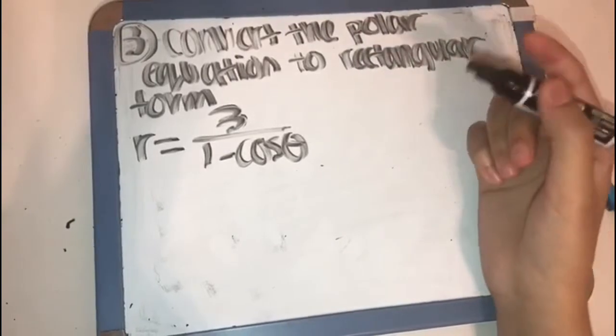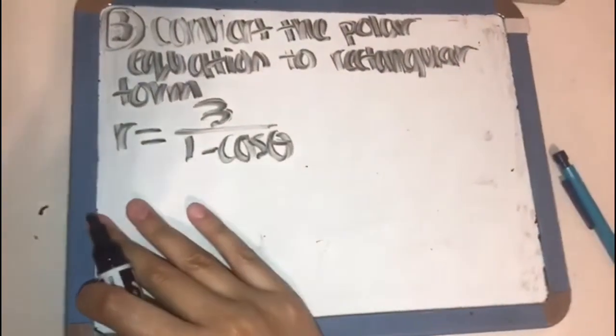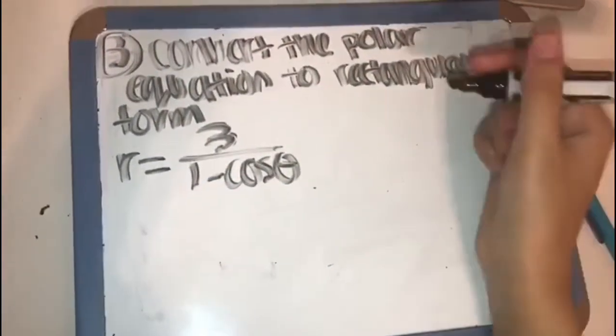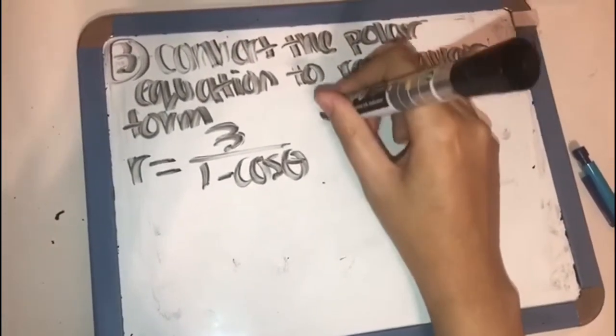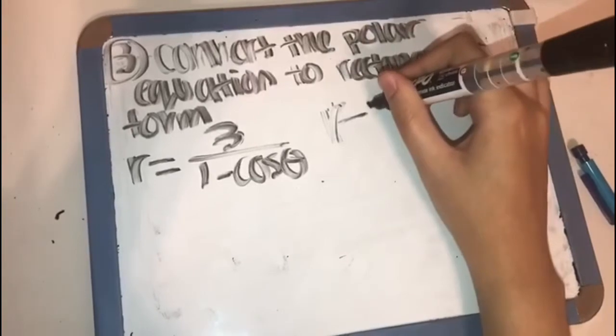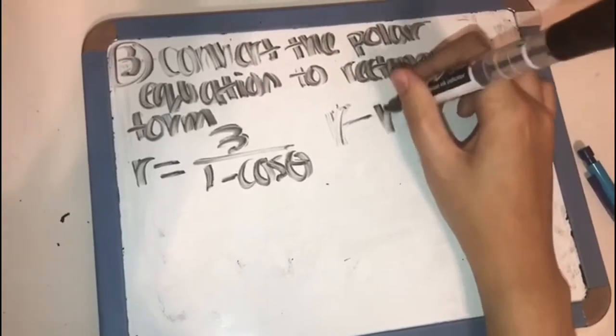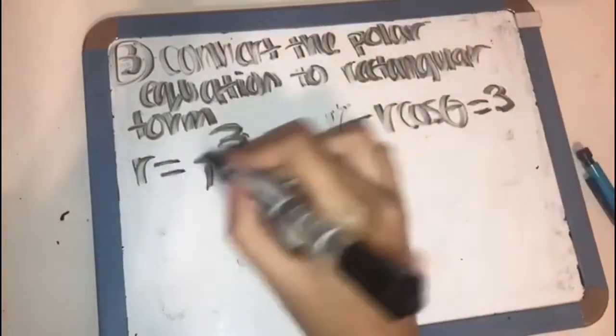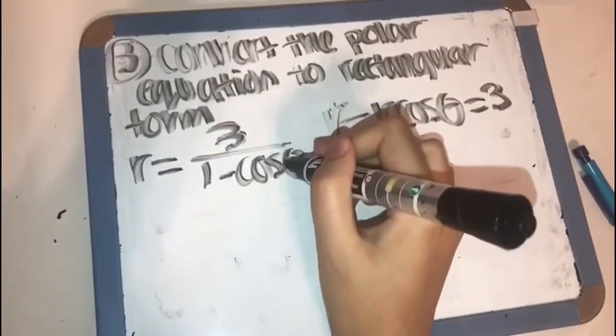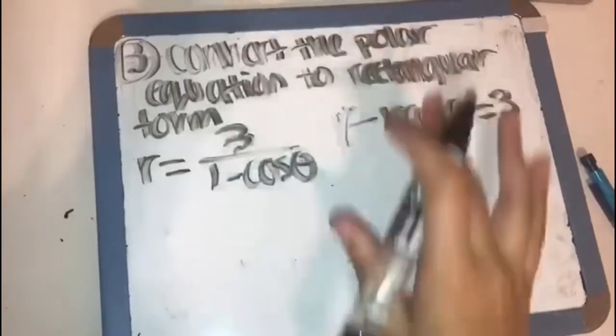So what we're going to do is go step by step and make sense of it, okay? First, r minus r cosine theta is equal to 3. So we have r equals 3 over 1 minus cosine theta. So this is like a trigonometric kind of question.